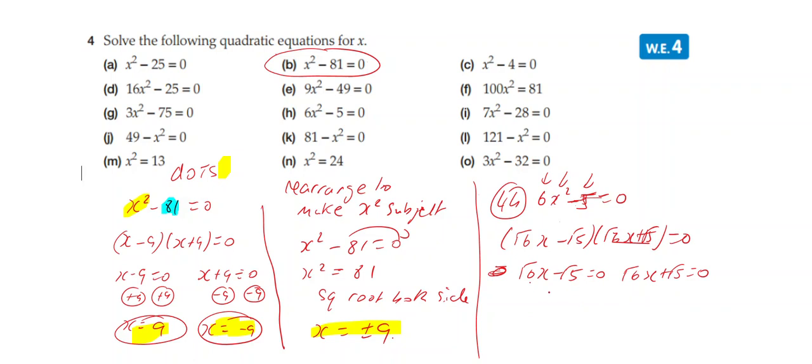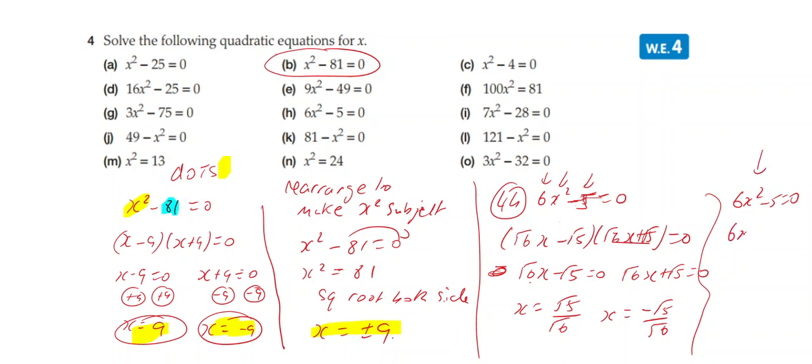I move the root 5 to the other side, and divide both sides by root 6, so you get x equals root 5 over root 6, or x equals negative root 5 over root 6. Now, that's a lot more complicated than doing this. So we've got 6x squared minus 5 equals 0. I move the 5 to the other side. I want to isolate, so the goal is to isolate the x squared on its own.